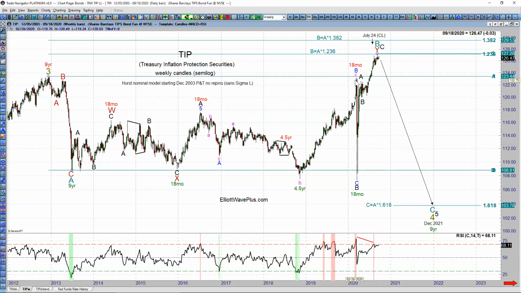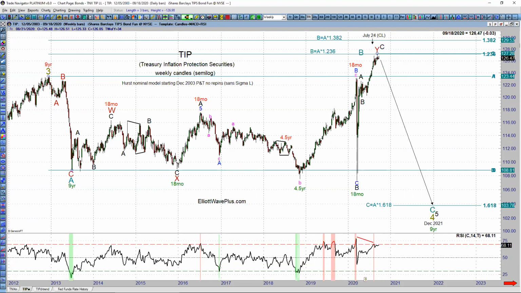But this eruption that happened back in March really made its mark on this item like no other. Like the plunge down into March was a deflationary plunge.